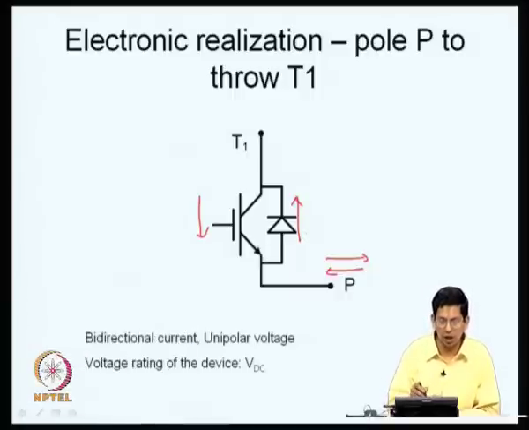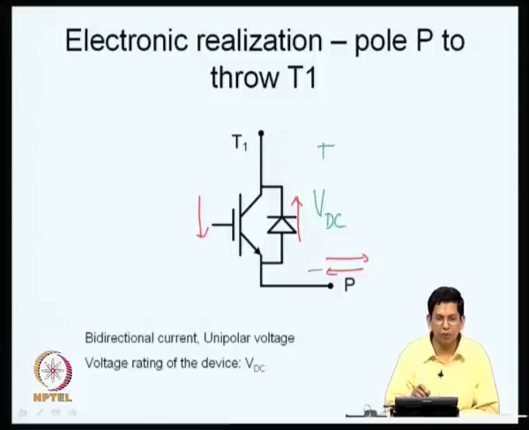When this switch is off, then T1 can be positive with respect to P, and the potential blocked needs to be VDC. If you have a transistor and a diode like this, and if the devices are rated for VDC, it should be possible for you to block this potential, right. So, the voltage rating of the device is VDC. You need bidirectional current, unipolar voltage, and the voltage rating of the device is VDC.